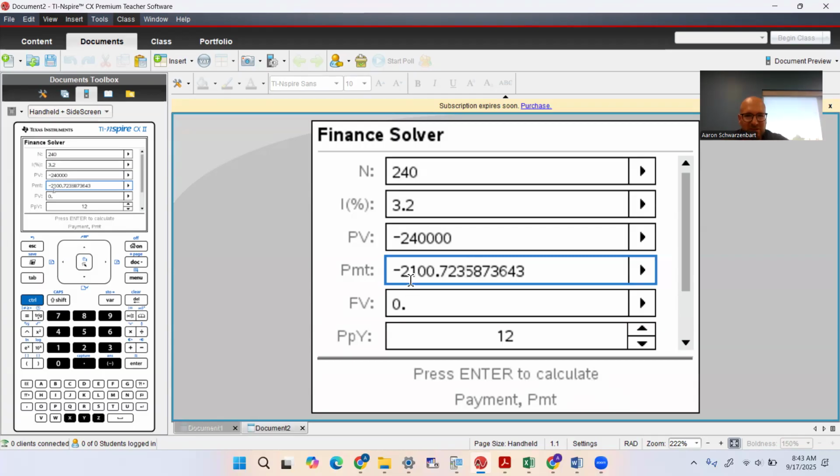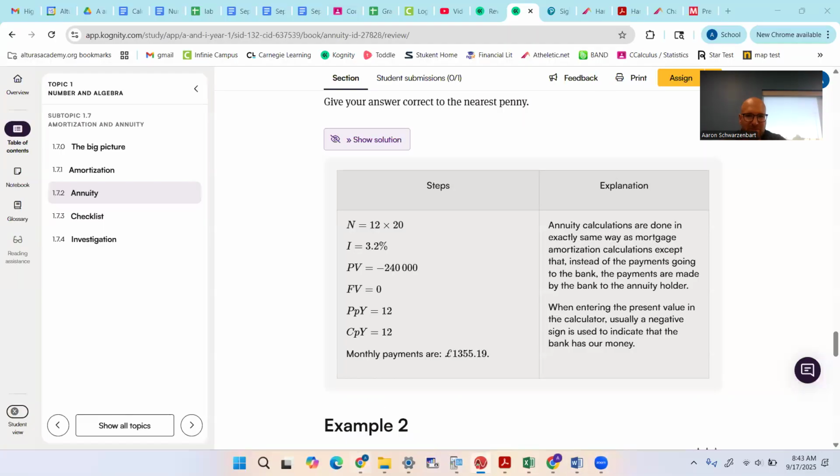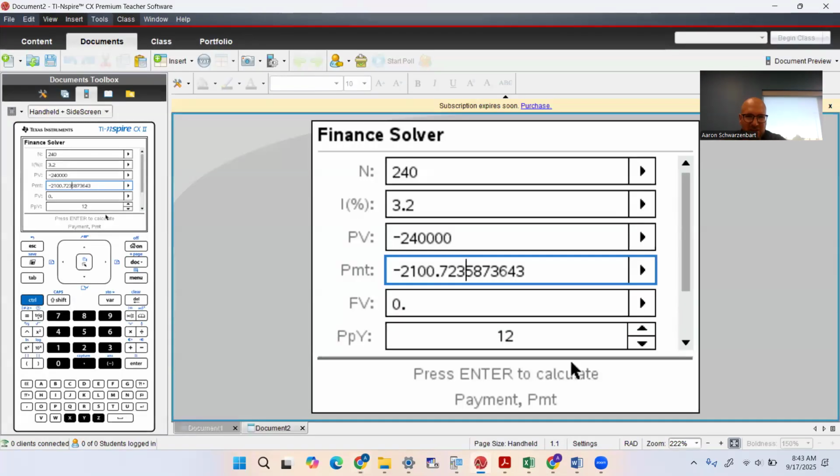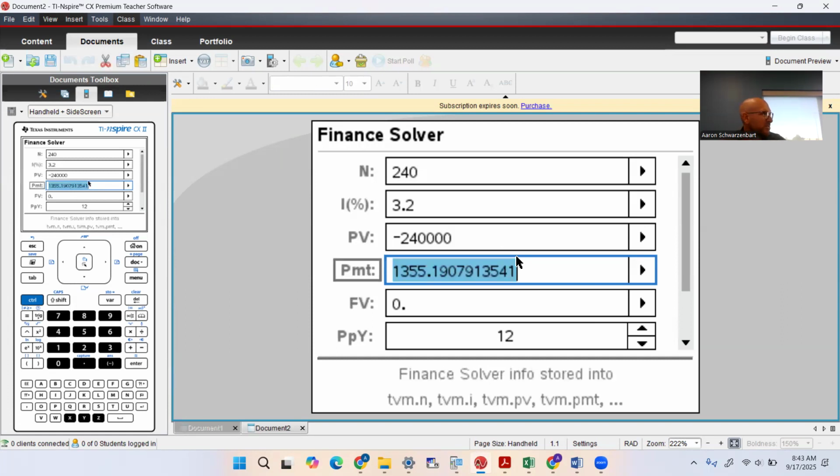And she essentially withdraws 2,100 every month. No, she doesn't. This did not do it correctly. There it is. So I do have to make sure I delete it. She can withdraw 1,355 each month and still get 20 years worth of payouts out of that.